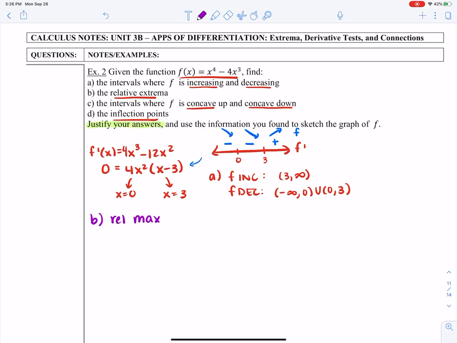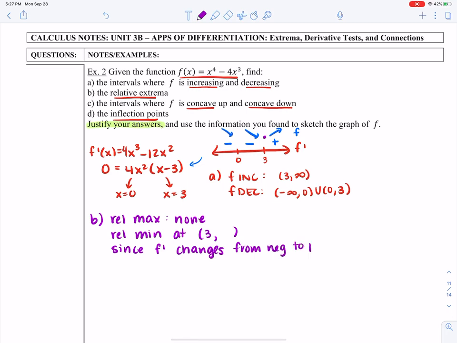There appears to be no relative max because f prime does not change from positive to negative anywhere. But there does appear to be a relative min, and that relative min is happening right here at x equals 3. So let's say 3 comma, and leave it open for a second, since f prime changes from negative to positive.